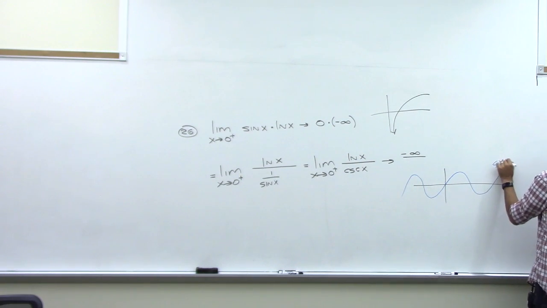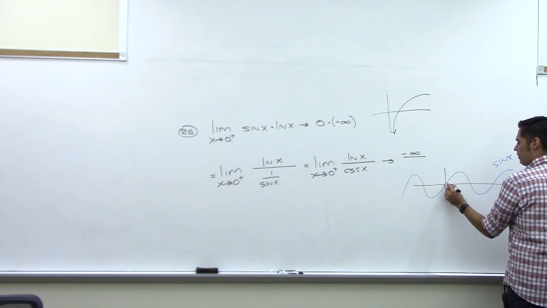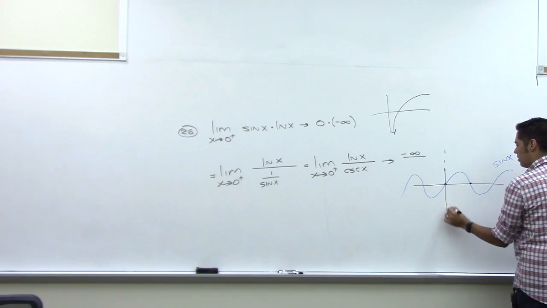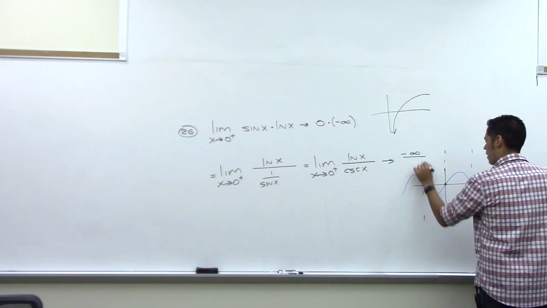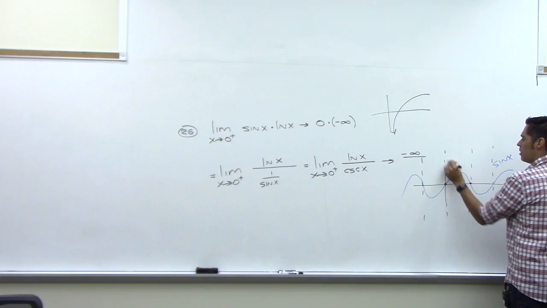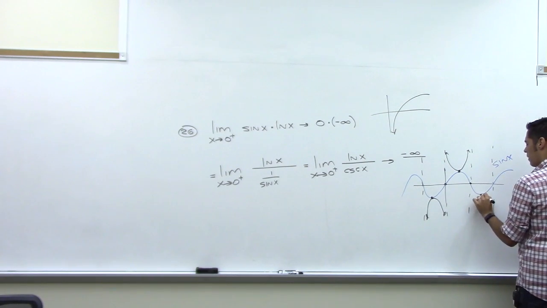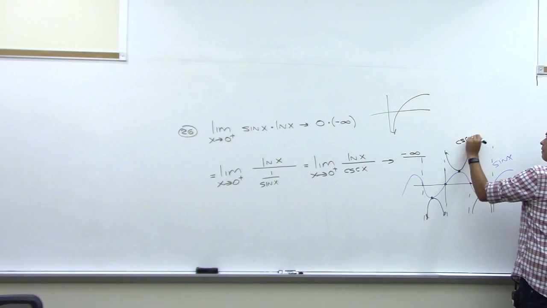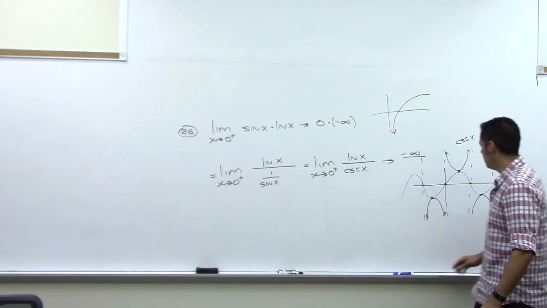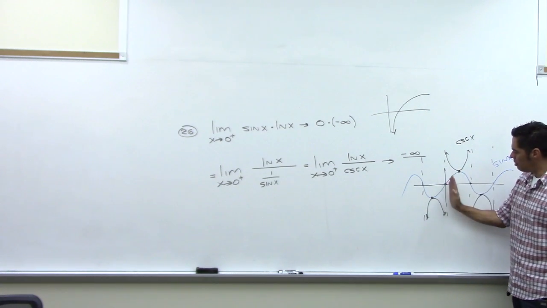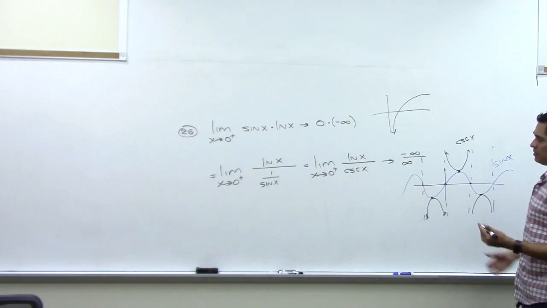To graph cosecant, at every x-intercept we draw an asymptote, and then from the peak of the sine curve we draw these little U's. That's what cosecant looks like, from pre-cal. I want to know what happens at cosecant of 0 as we approach 0 from the right. So here's cosecant, here's 0. Approach it from the right, we go to positive infinity.